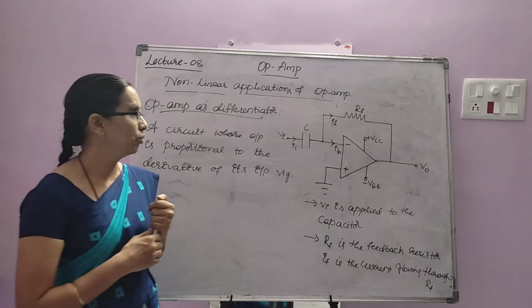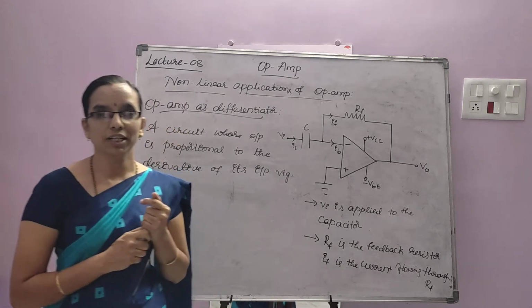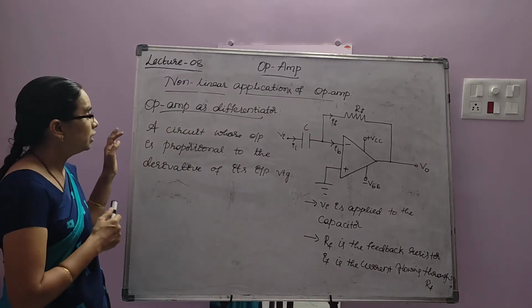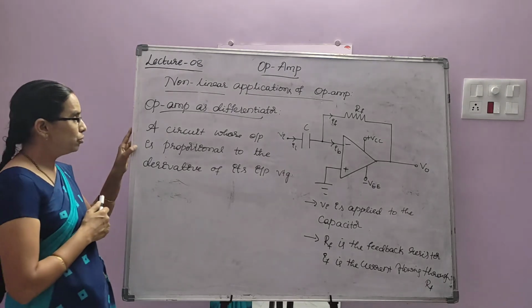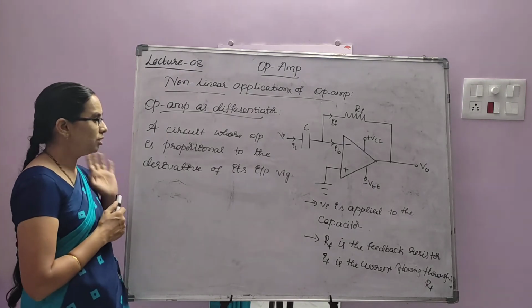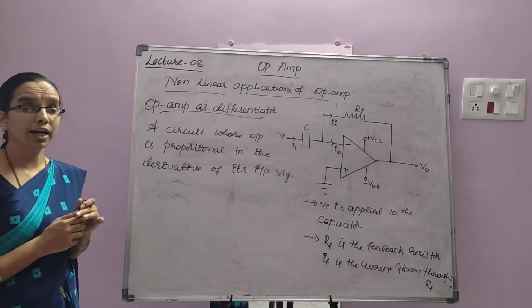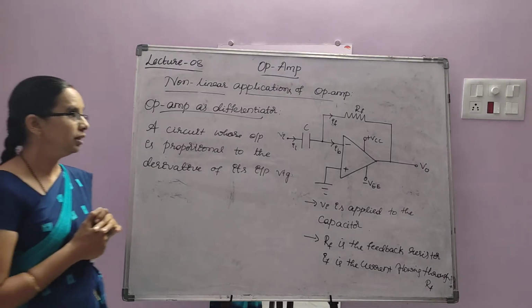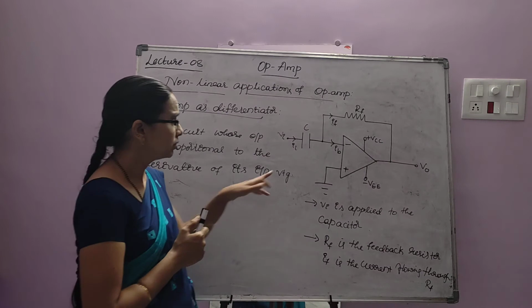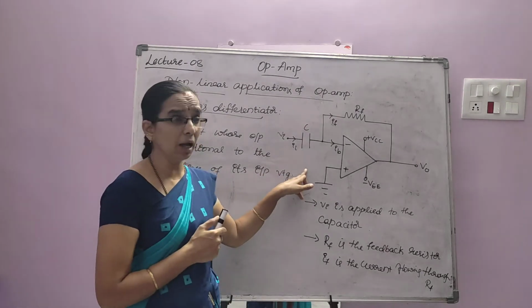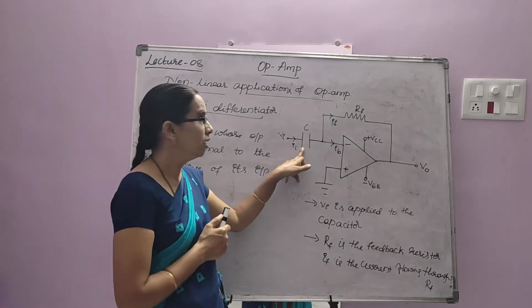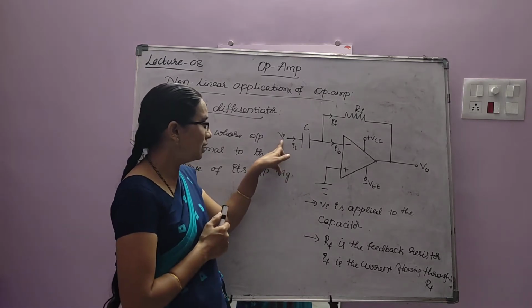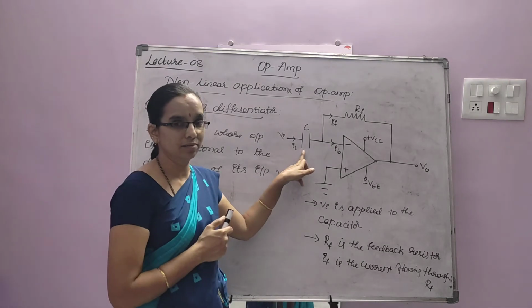So the op-amp differentiator is defined as a circuit whose output is proportional to the derivative of its input voltage. In this circuit, it looks like an inverting amplifier circuit, but instead of the input resistance, the input Vi is applied through a capacitor.